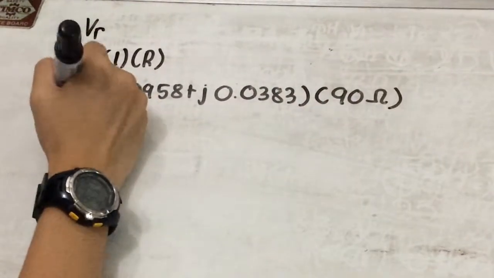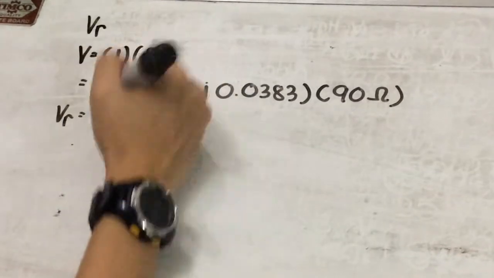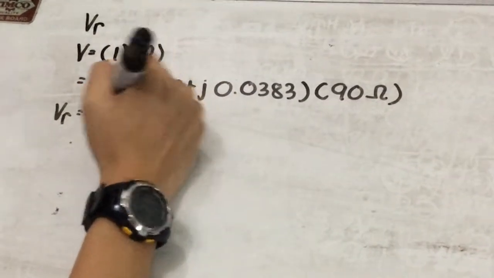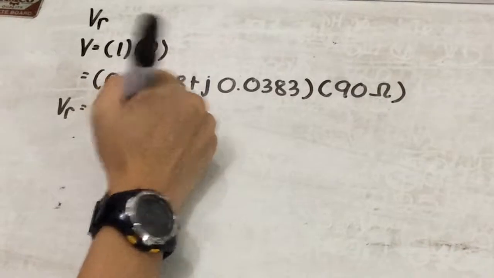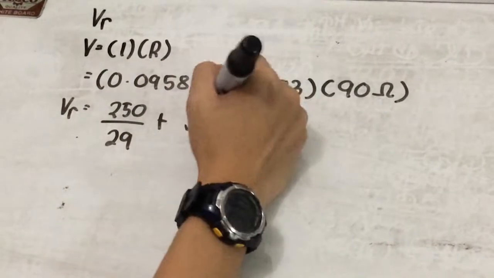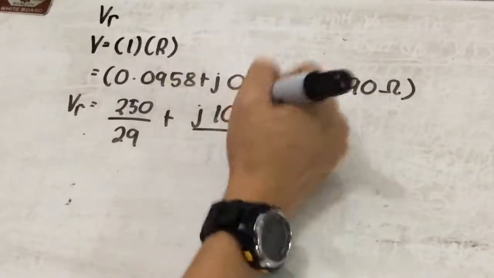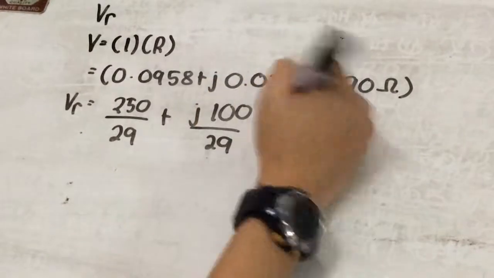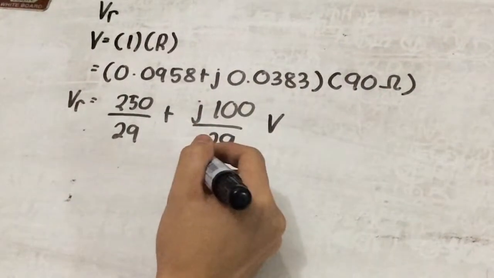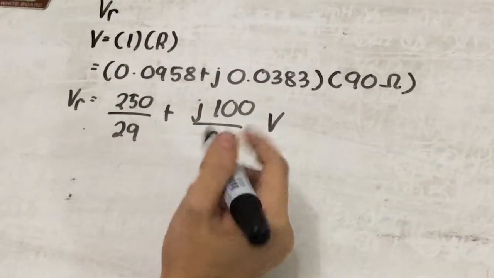We will have for the VR is equal to 250 over 29 plus j100 over 29 volts. And this will be the voltage drop in the resistor of 90 ohms.